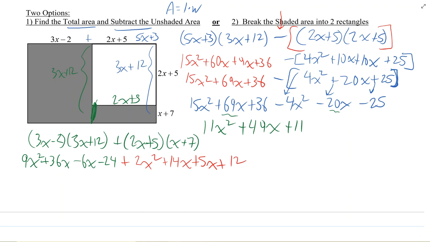Collect like terms, and I get 11x squared plus 49x. I could collect like terms here and here, then combine them, but I'm just going to do it all at once. So 36 minus 6 is 30, plus 14 is 44, plus 5 is 49. So plus 49x. And then you have 24 plus 12.